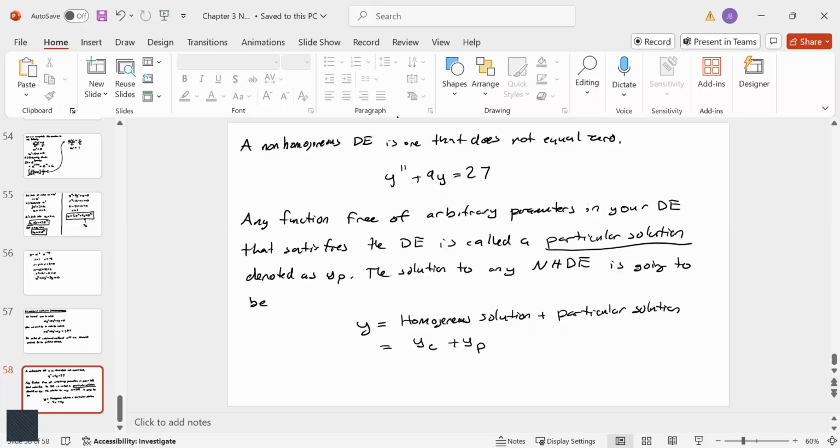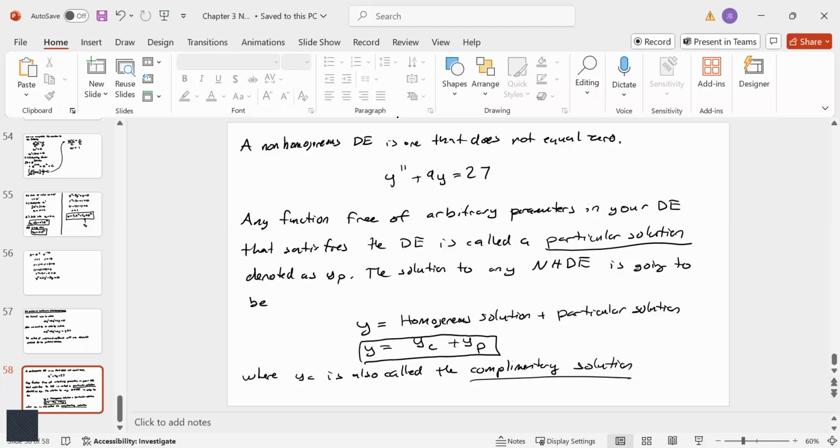Another name for the homogeneous solution is the complementary solution, where YC is also called the complementary solution. So no matter what you're doing, you're always going to have two parts to the answer. Your homogeneous part and your particular part.